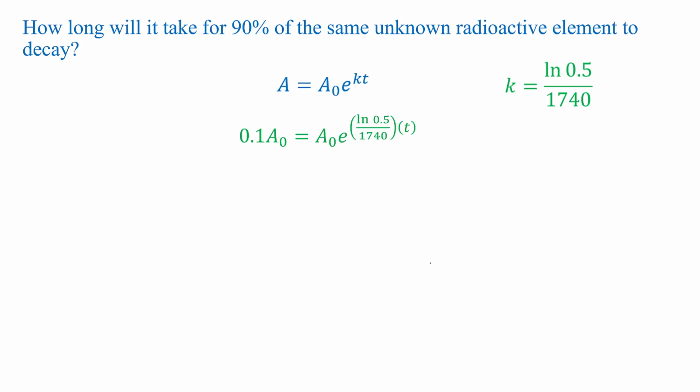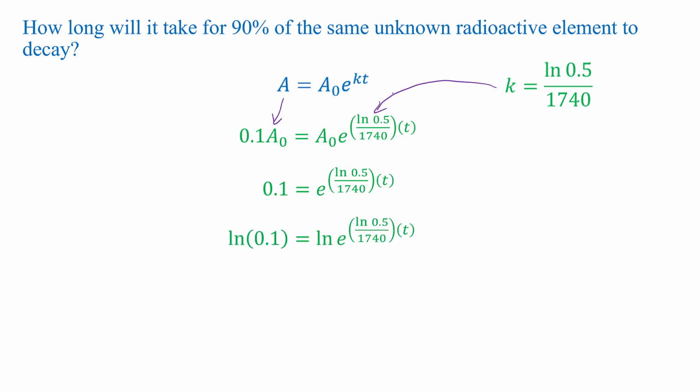When 90% of the substance has decayed, we're left with 10%, or 0.1 times the amount A0 that we started with. So I replace A with 0.1 A0. I replace k with the value we found for this problem, and then we divide both sides by A0 to get 0.1 = e^(kt).